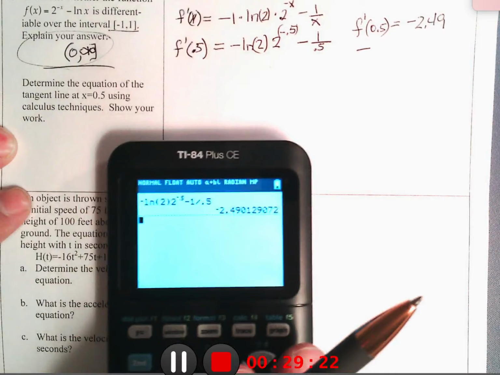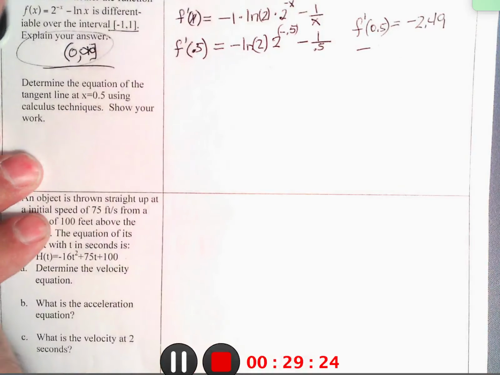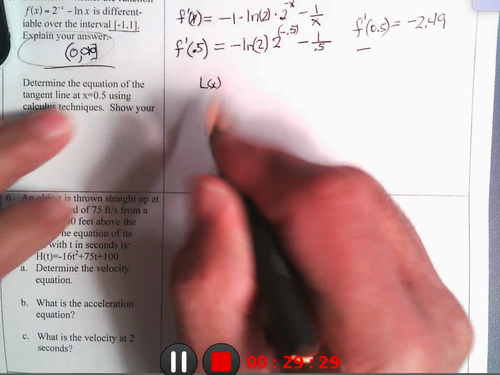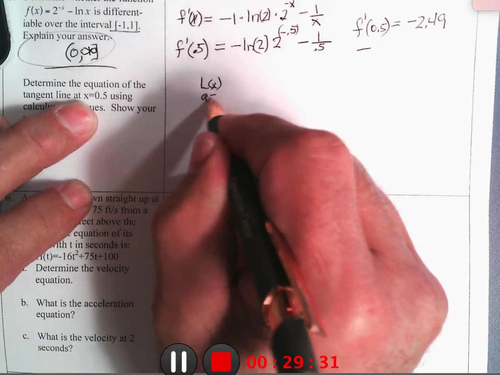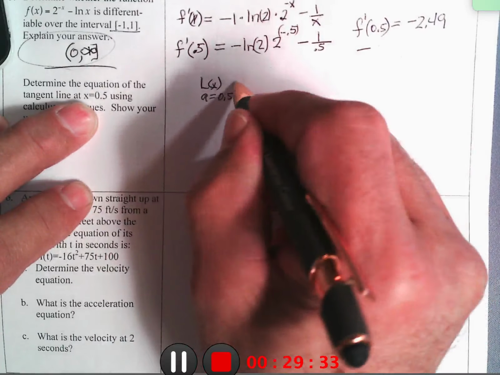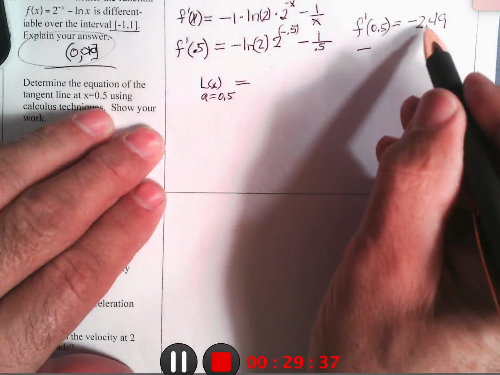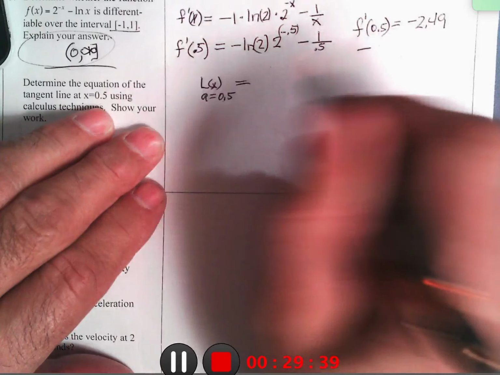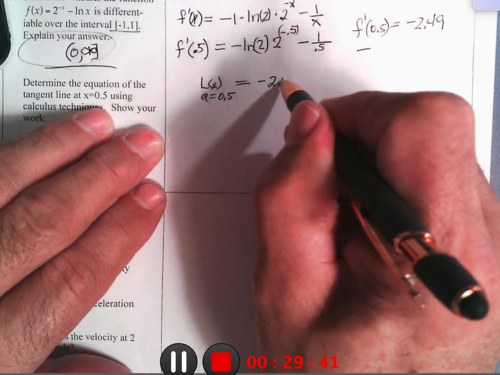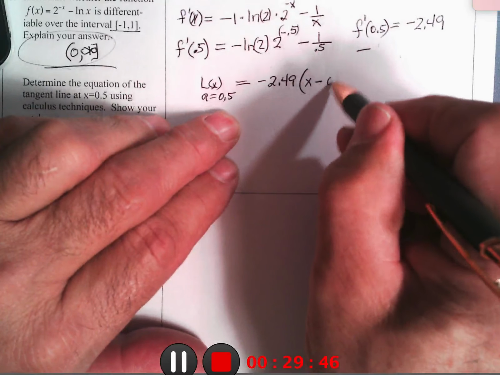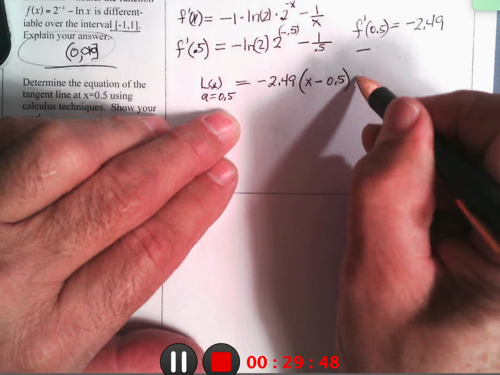The tangent line, though, that's L of x, and we're doing it at a equals 0.5, so we're going to go the derivative at 0.5, which is negative 2.49 times x minus a, plus f of a.